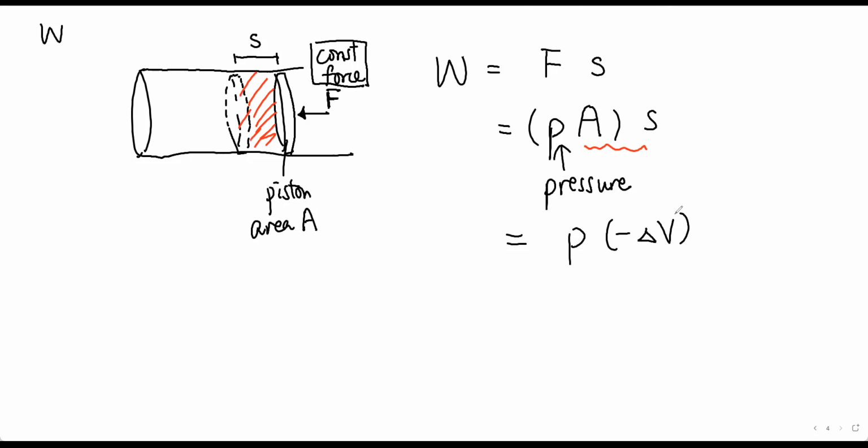Yeah, because the volume is decreasing. So in this case, the volume decreases, the change in volume will be negative. So I put a negative sign there. So for work done, you have one formula: negative pressure times change in volume.